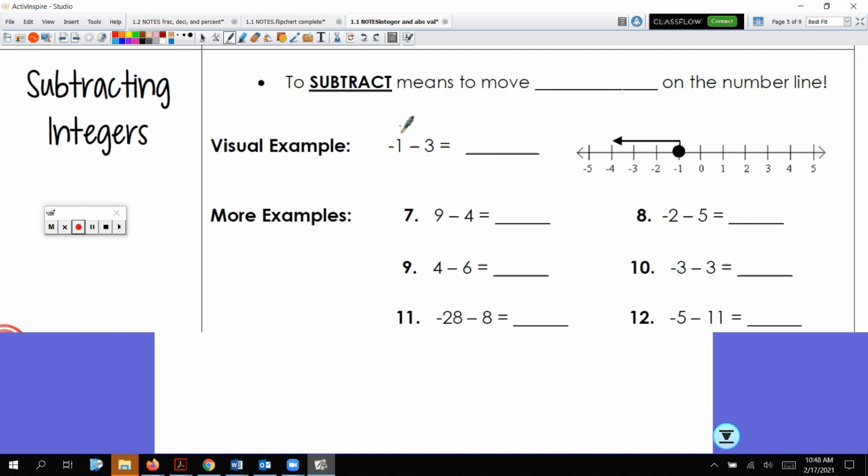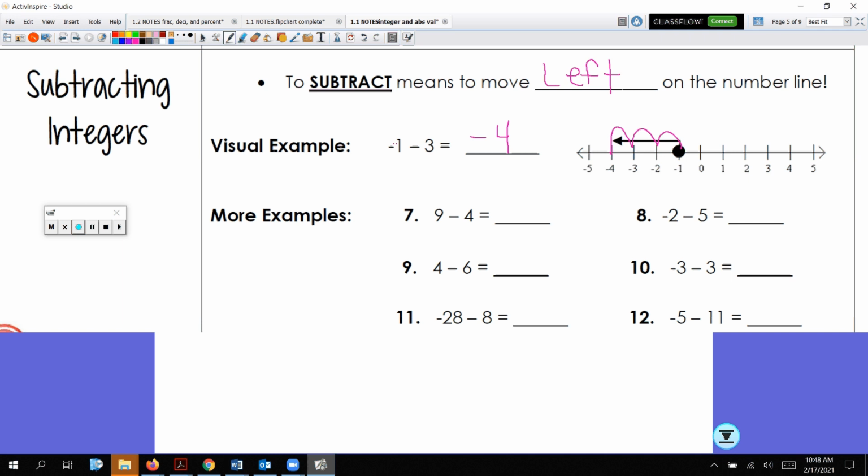When we're subtracting integers, obviously we're going to go left because the smallest numbers are to the left on the number line. So if I start at negative 1 in my example and I subtract 3, I go 1, 2, 3 to the left, I get negative 4.